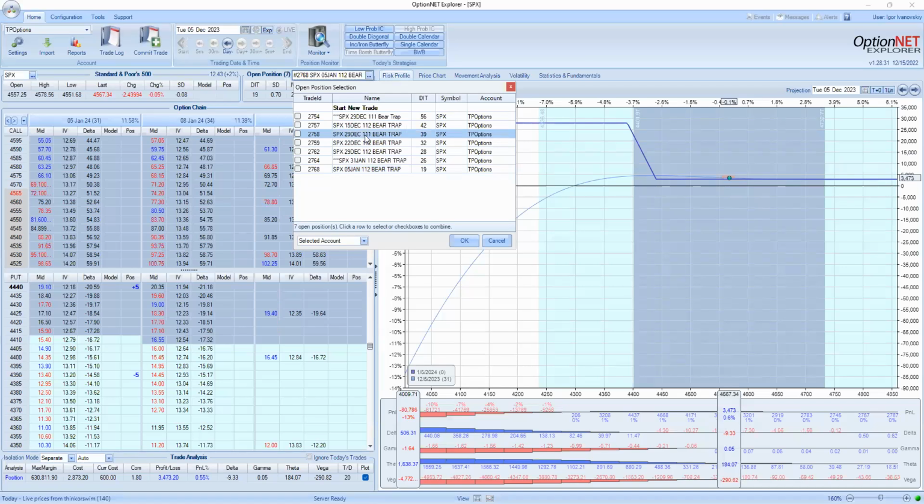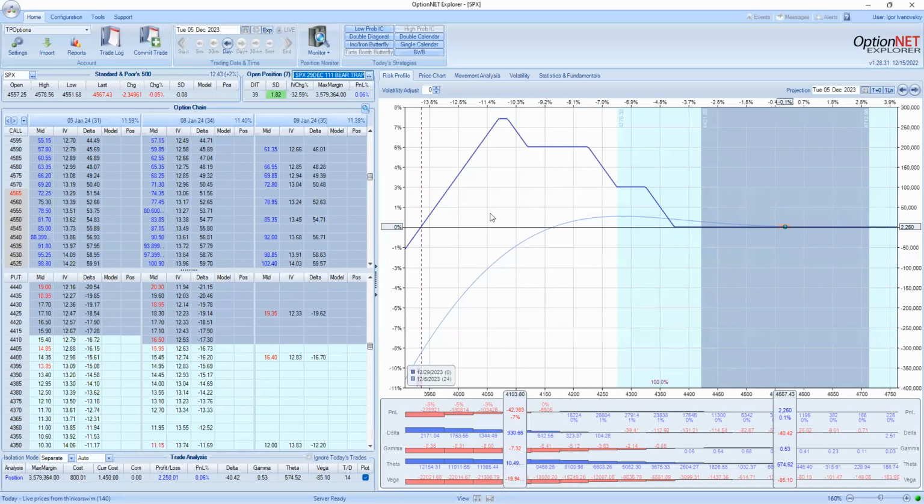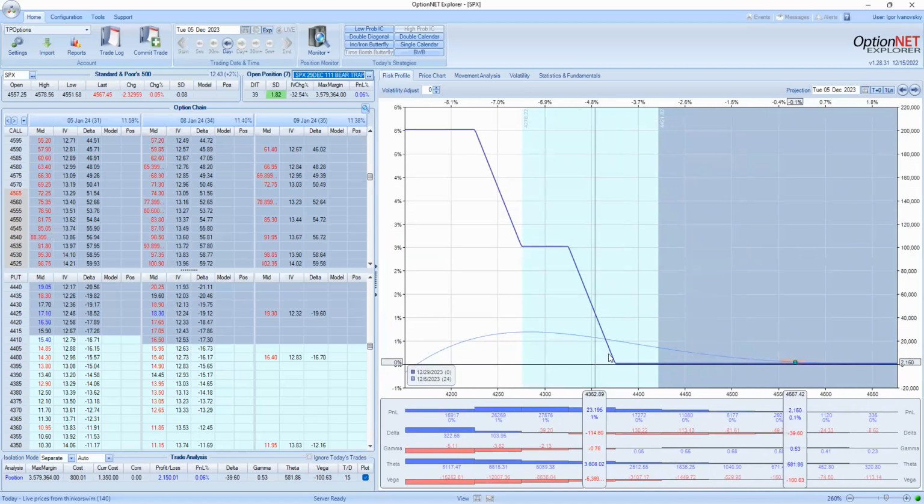This is the trade 2758, right? So if you make any adjustments, if you roll or if you add 111s and you do those for a debit, right? The risk graph at expiration is going to dip below zero, and that, based on the screenshot that you shared, that's exactly what that looks like.